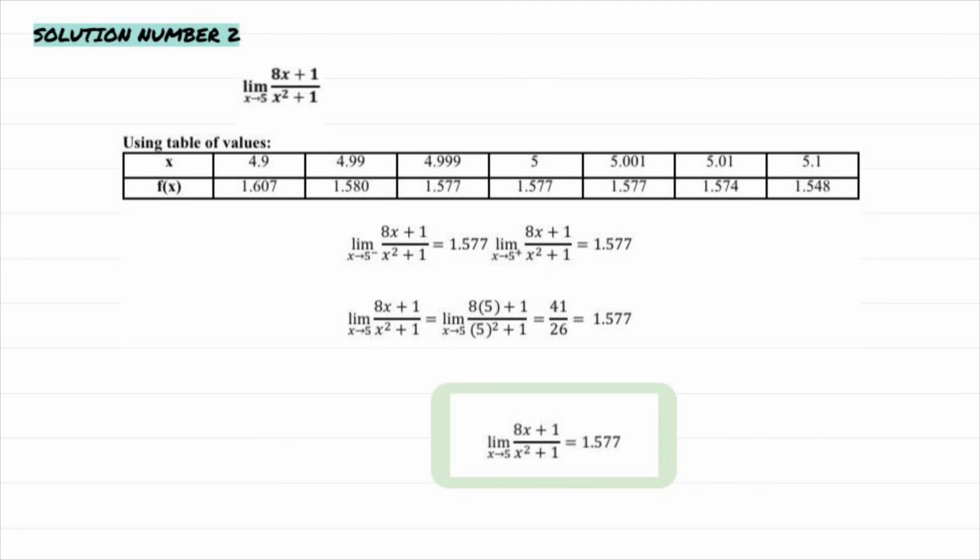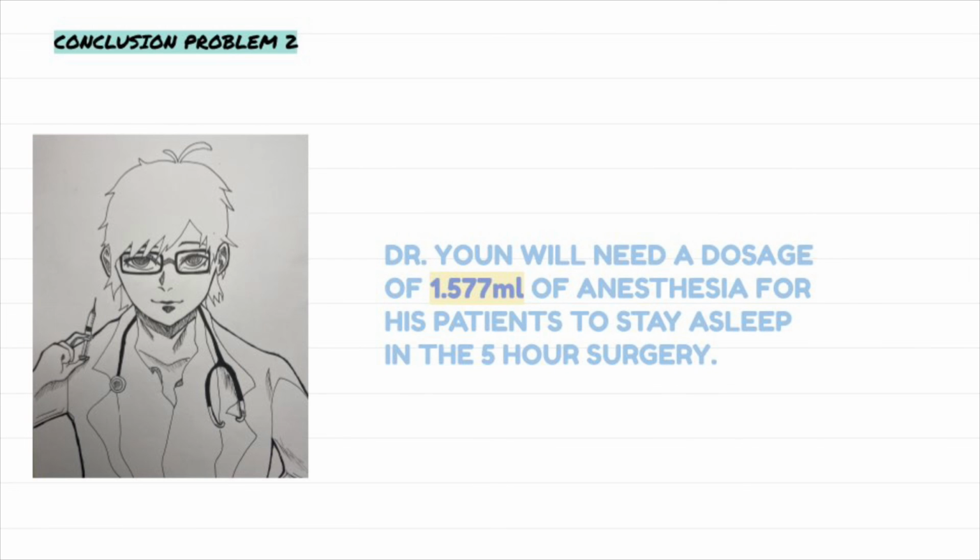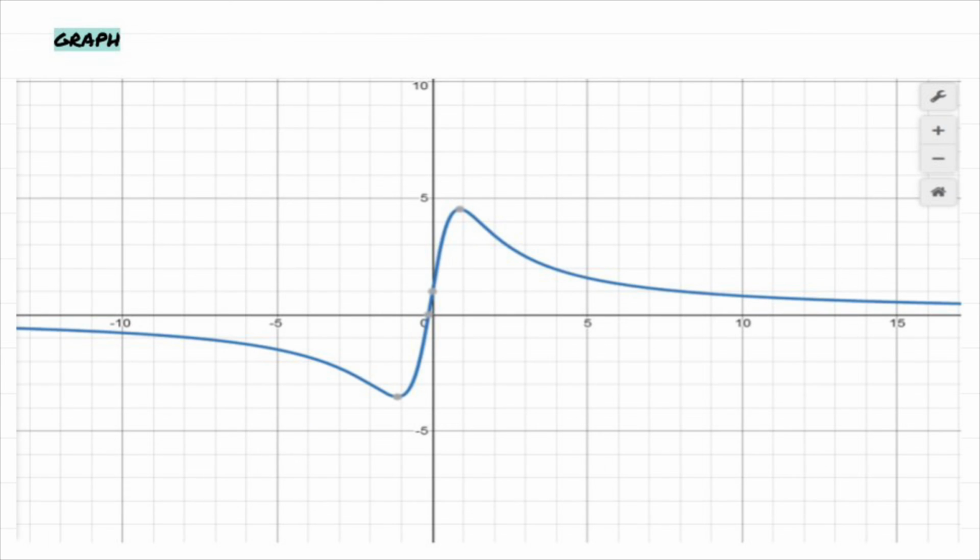Not only that, but to make the surgery of Dr. Yoon possible, we also solved the formula of anesthesia needed to put his patient to sleep within the 5-hour time frame. Therefore, Dr. Yoon will need a dosage of 1.577 ml of anesthesia for his patient to stay asleep for the whole 5-hour surgery. Here is the graph, and as you can see, the limit as x approaches 5 is indeed equal to 1.577.